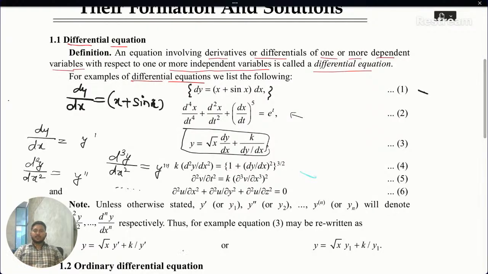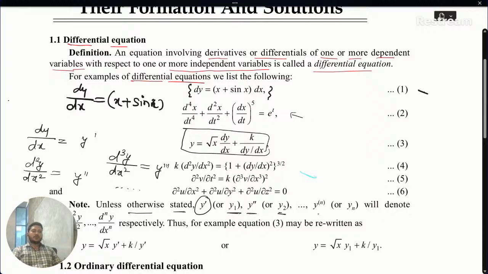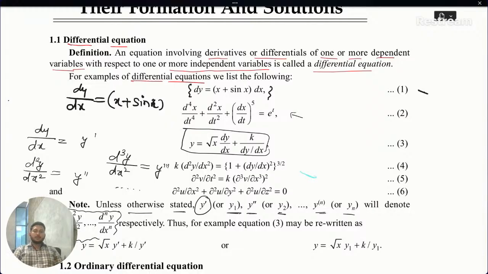Otherwise these are stated as y1 for y dash, y2 for y double dash, and yn for the nth derivative. So these are the basic fundamental notations of the differential, which is basically the rate of change of a quantity.